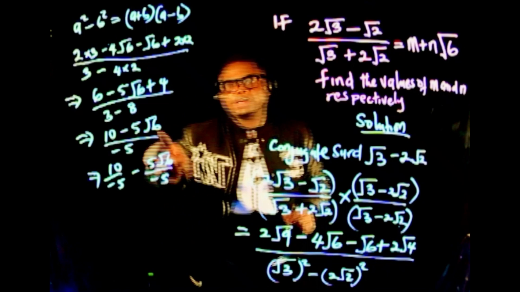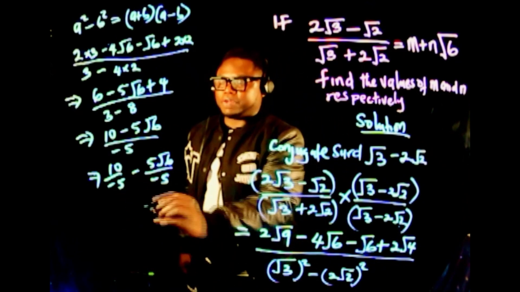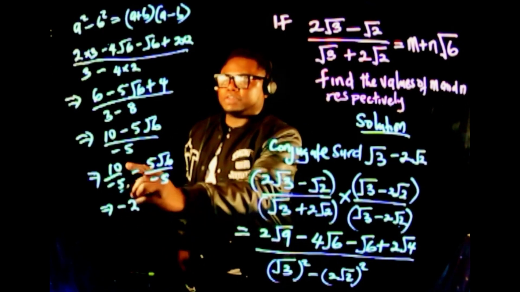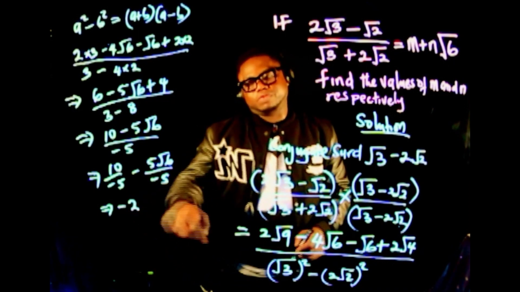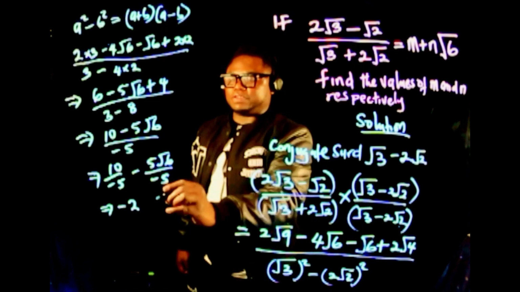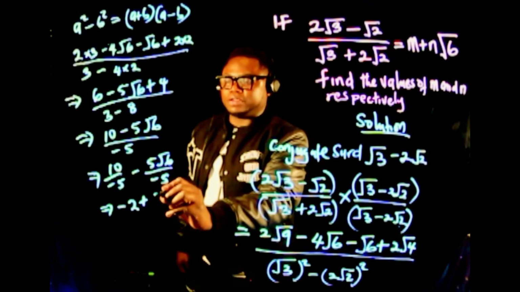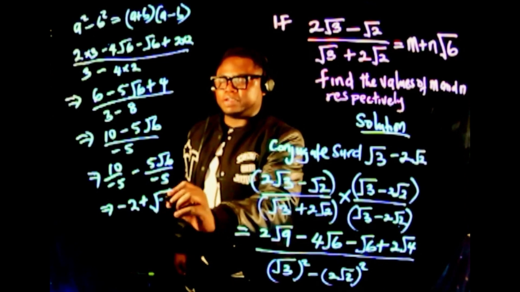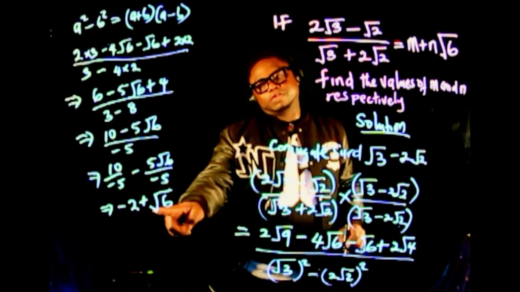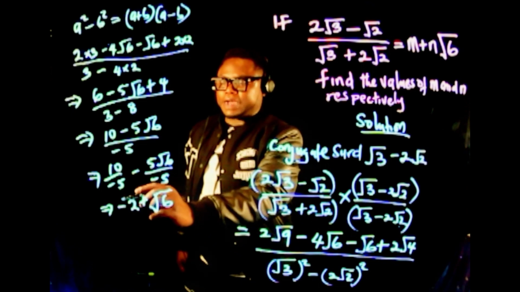So 10 divided by minus 5 is going to give me minus 2, because 10 over 5 is 2, and because of this minus, it's going to be minus 2. Then remember that this is minus, this is minus, and minus minus is plus. I'm going to put plus here. 5 divided by 5 is going to give me 1, but instead of writing 1 root 6, you just write root 6. So this is the final answer.